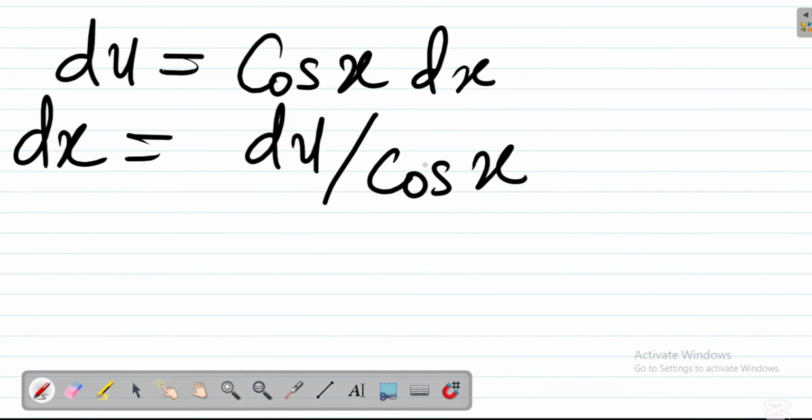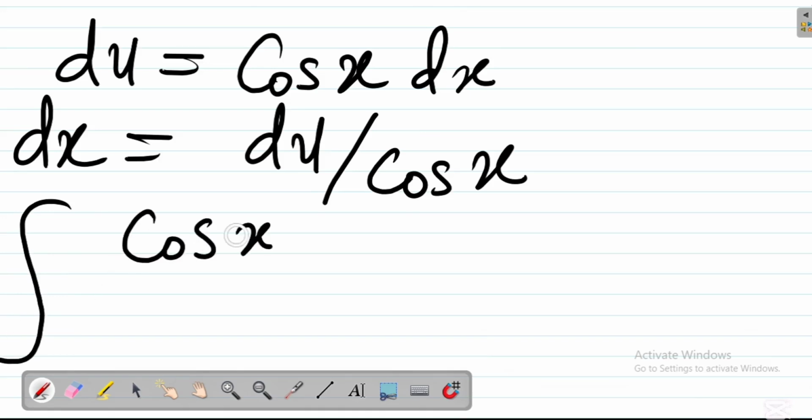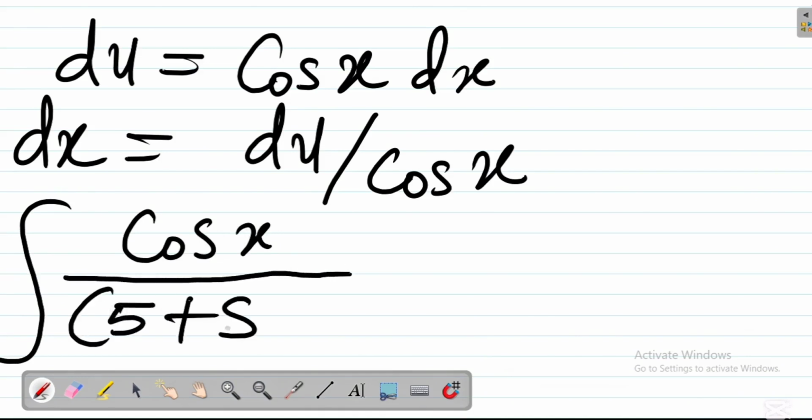So our next task is to substitute into equation 1. This is equation 1: cos x all over (5 plus sin x) all squared dx.